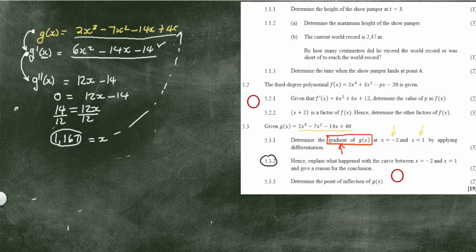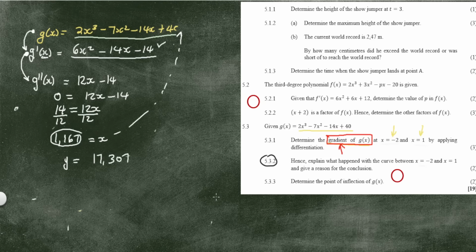Let me double check. The y is going to be equal to 17.307 in 3 decimal places. That's going to be our answer.